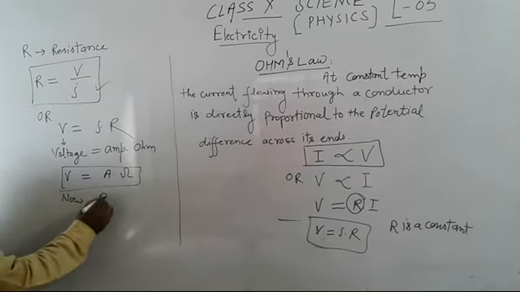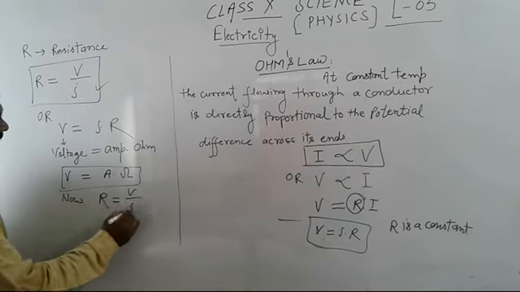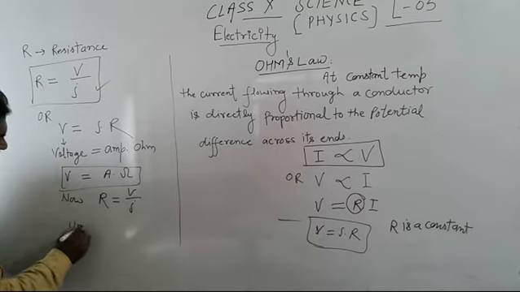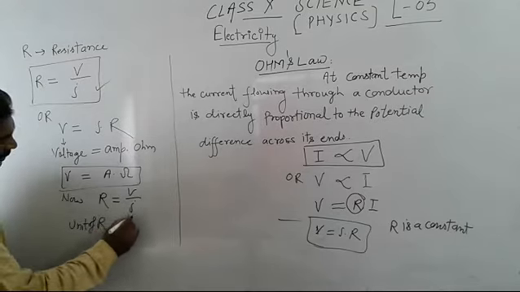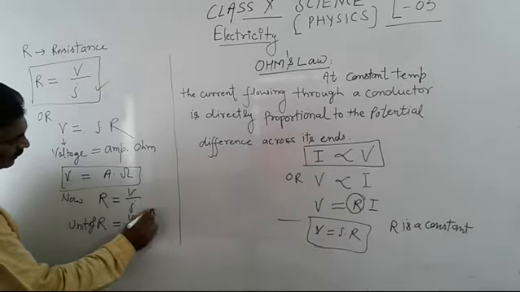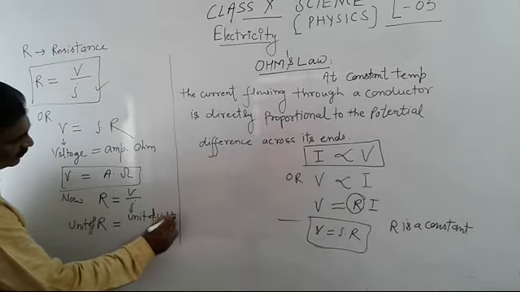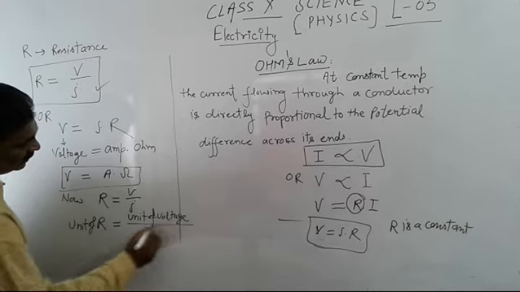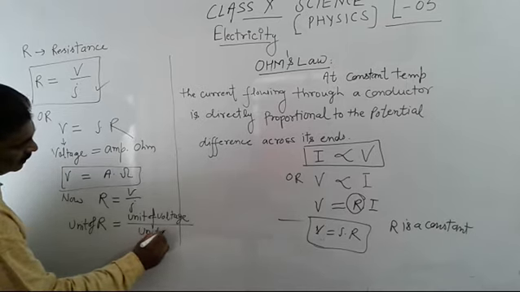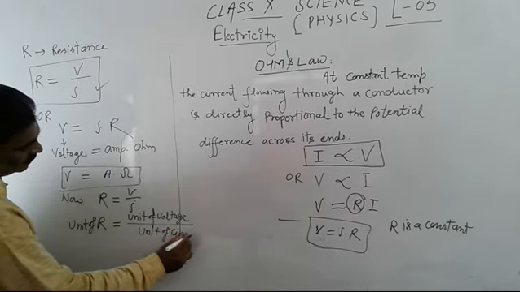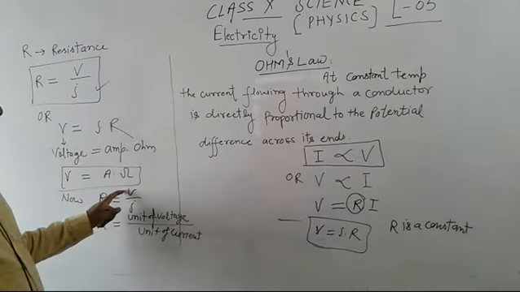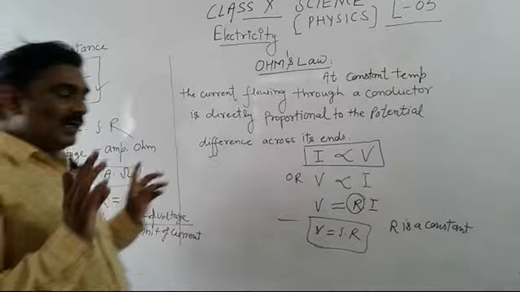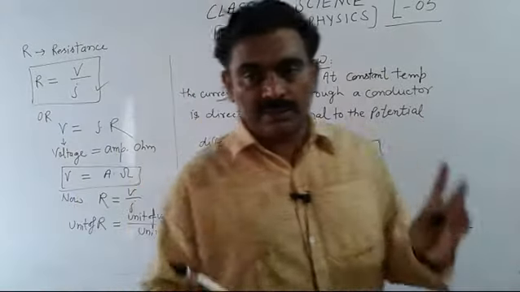Now we can write here, if R is equal to V upon I, then the unit of R is unit of voltage upon unit of current. Students, remember, V is called potential difference as well as voltage.